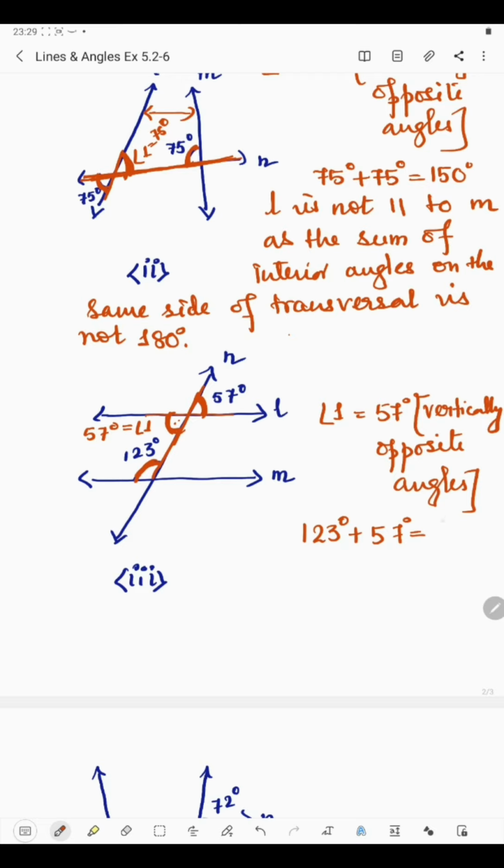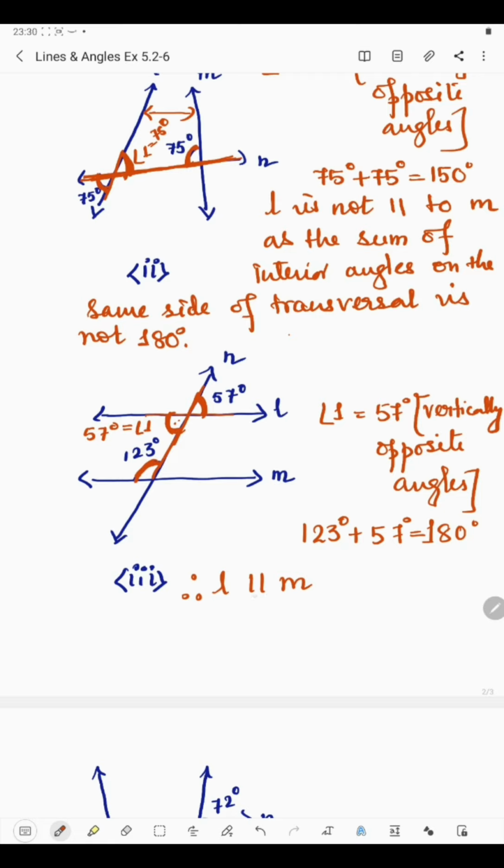So 7 plus 3 is 10, 0, 1 carry, 5 plus 2 is 7, 7 plus 1 is 8, so 180. So here we have got the sum of interior angles is supplementary, so we can say that L is parallel to M.